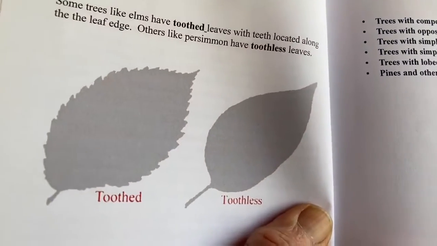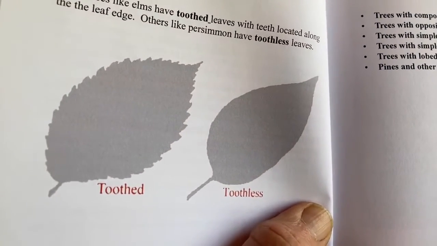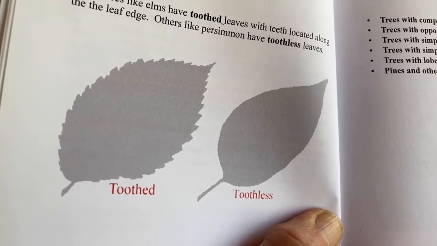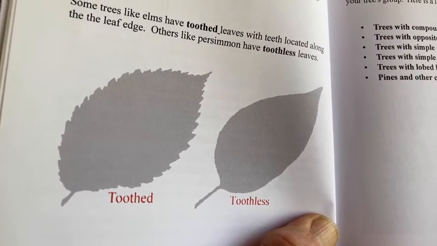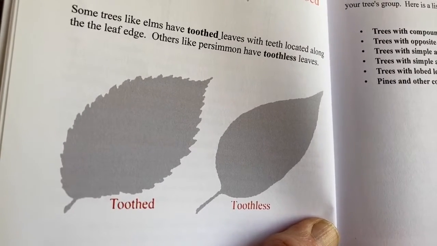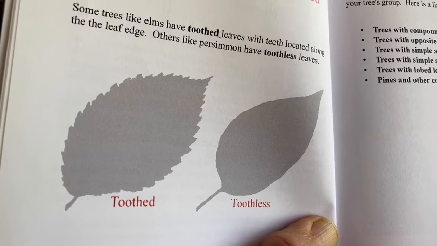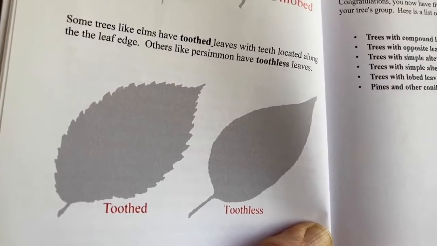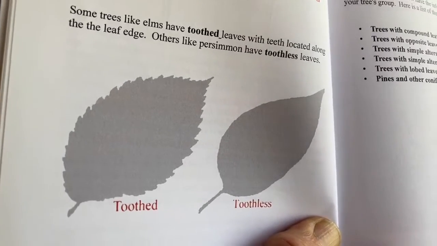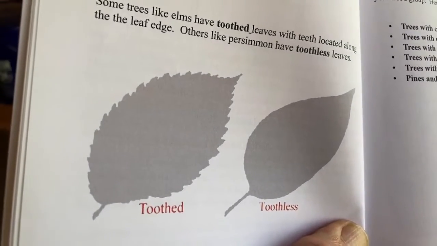Our next tree tool is the leaf is toothless or the leaf has teeth. That's easy to tell, very easy to tell. Black gum is a tree that is toothless. It has no teeth on its leaf. Persimmon is another one. Pawpaw is another one. Birches have toothed leaves.